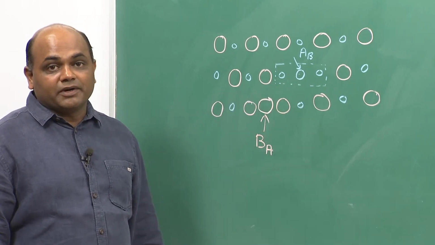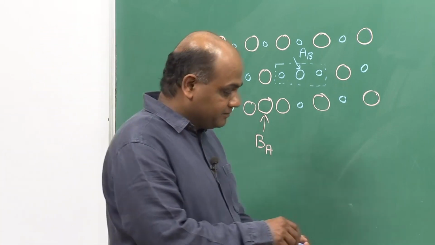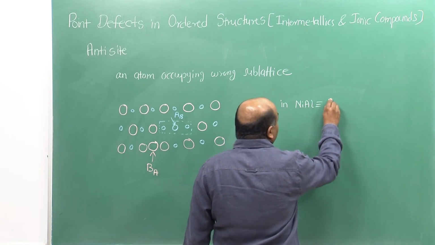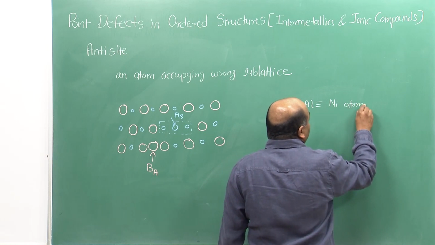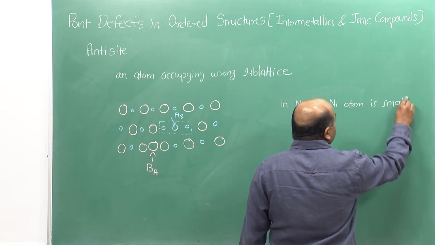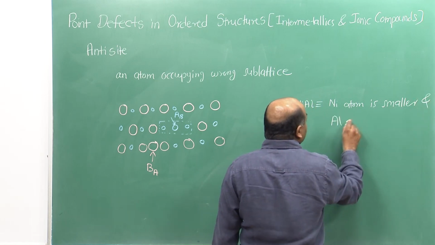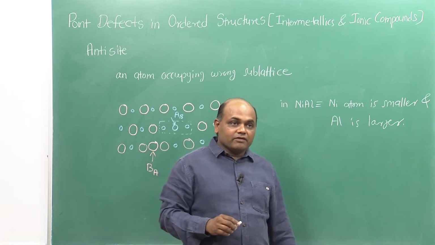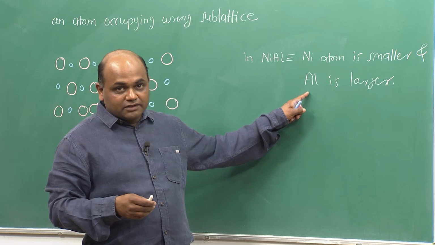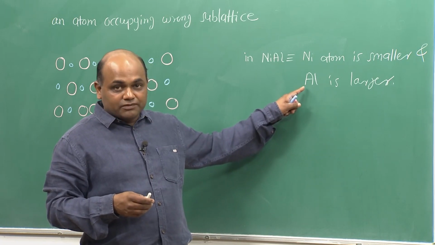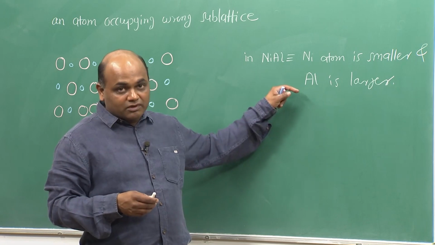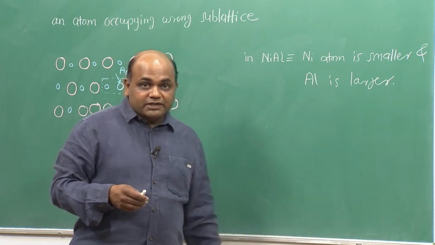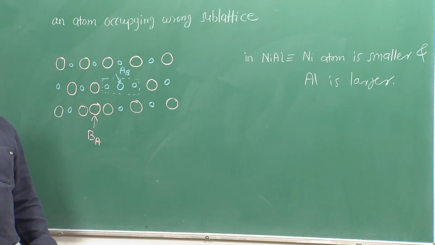For example, in NiAl, nickel atom is smaller and aluminum is larger. So, if we have nickel rich NiAl, that is, if nickel aluminide has larger amount of nickel than 50 mole %, then it will be accommodated by formation of nickel antisites.